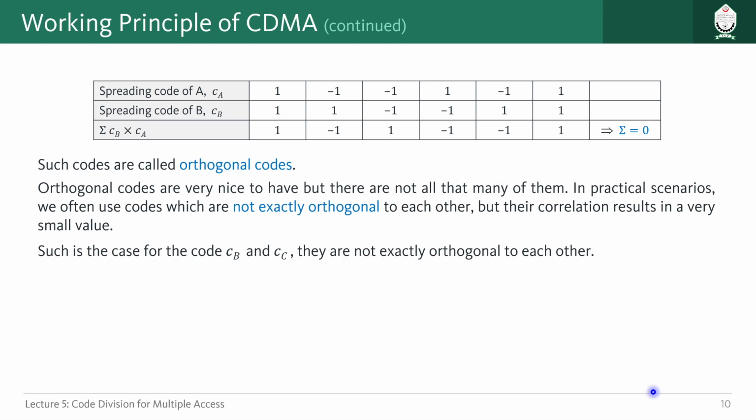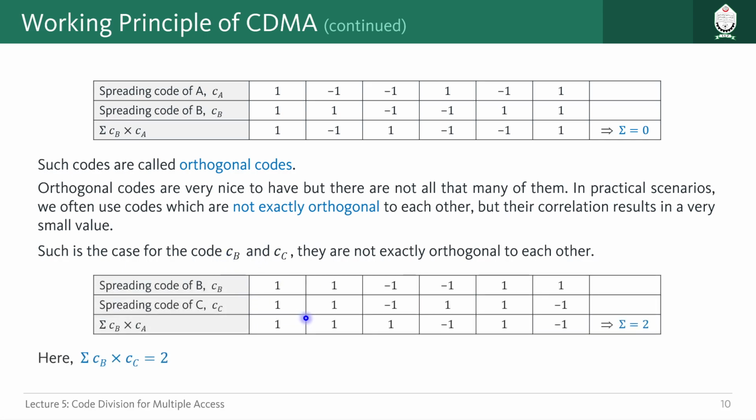That will minimize the interference between different codes, different signals. So such is the case for the code of user B and user C, as they are not exactly orthogonal to each other. If I take the correlation between these two codes, you will see the resultant value is +2, which is not exactly 0.